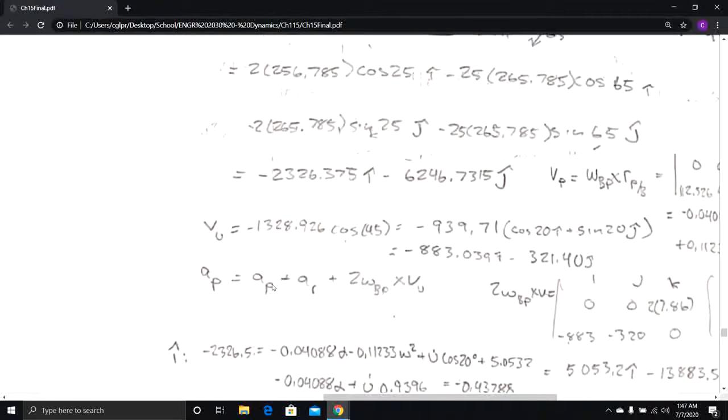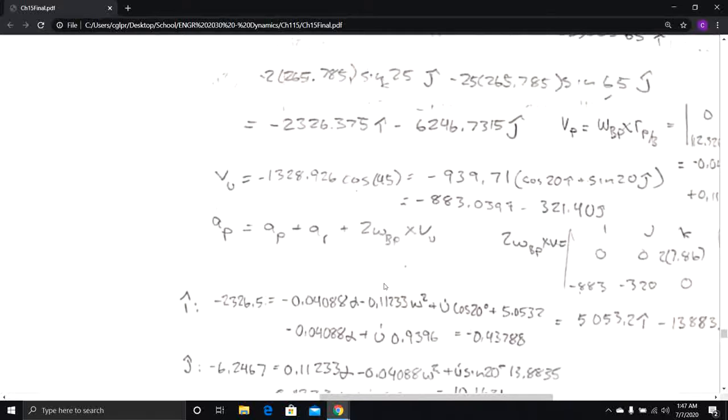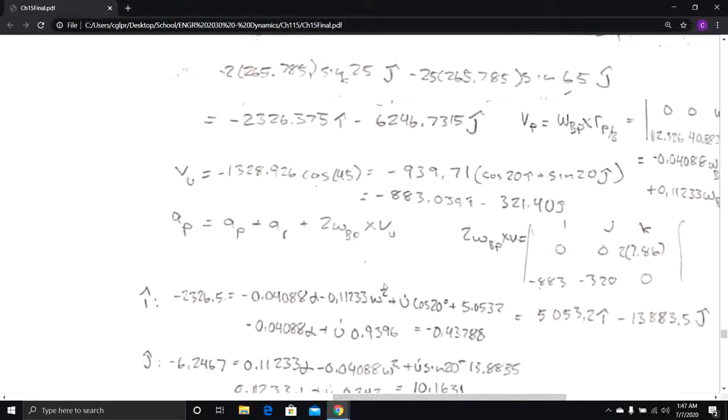I have acceleration of the point as well as its relative acceleration and Coriolis acceleration. On the left-hand side were the numbers that I was able to find pretty easily and quickly.